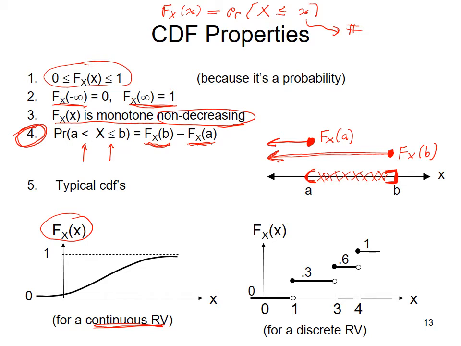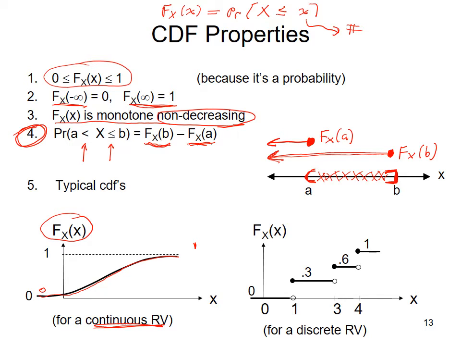Remember, continuous means we can draw the graph without lifting our pencil from the paper. So certainly everybody would agree this is a continuous function. Notice that at the extreme left corner, it takes value 0. At the extreme right-hand corner, as I go out to infinity, it takes value 1. And it is monotone, non-decreasing in between. So that's a typical CDF for a continuous random variable.